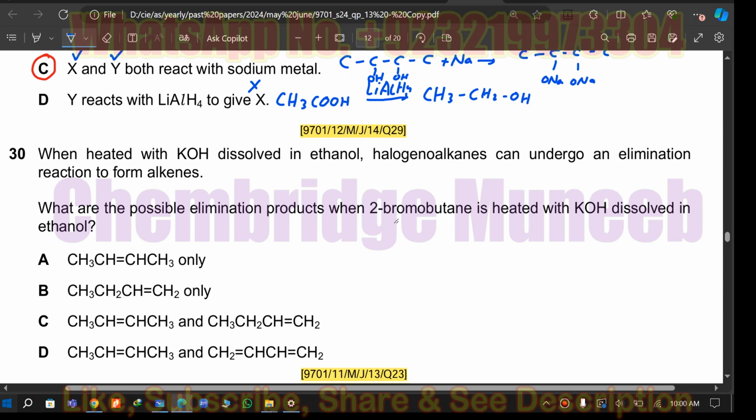What is the possible product as a result of 2-bromobutane? Now I should write the structure of 2-bromobutane over here. This is 2-bromobutane. Now I have to draw its full displayed formula to get to the right answer.